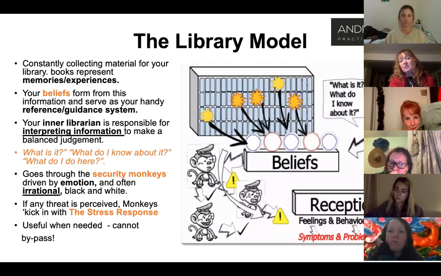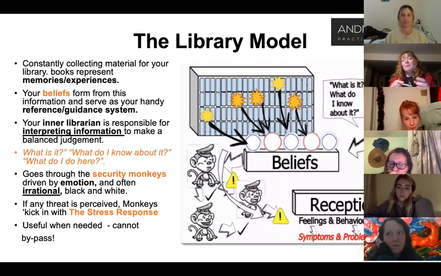Looking at it again before I move on from this: at the back you've got the books and all those different experiences and memories with all sorts of things attached to them, possibly different emotions, positive, negative and so on, very much like the pyramid model. Those help to form our beliefs.